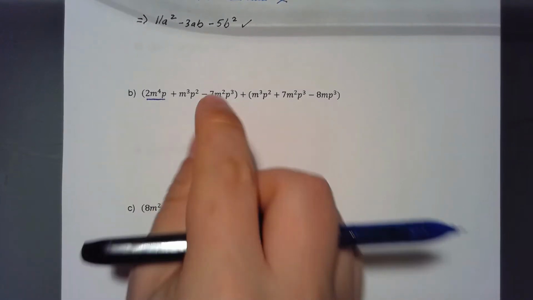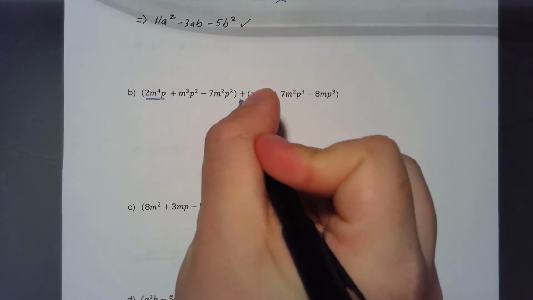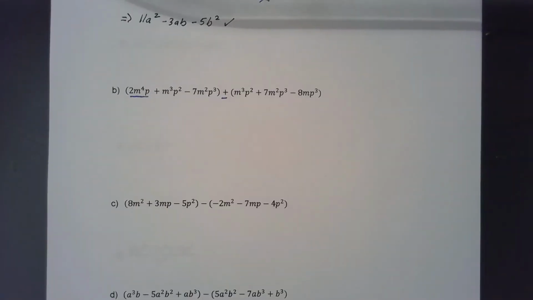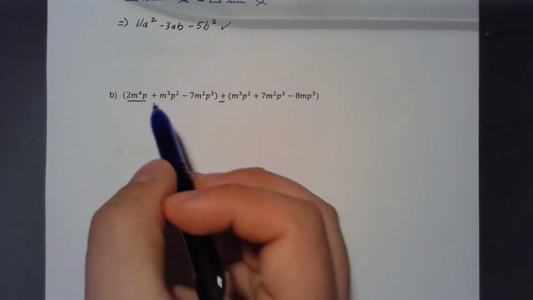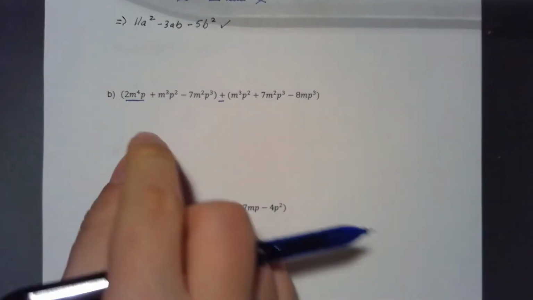Now if I look, I am adding, so I don't have to worry about signs so much. But I want to look for another term that has m to the 4th p.